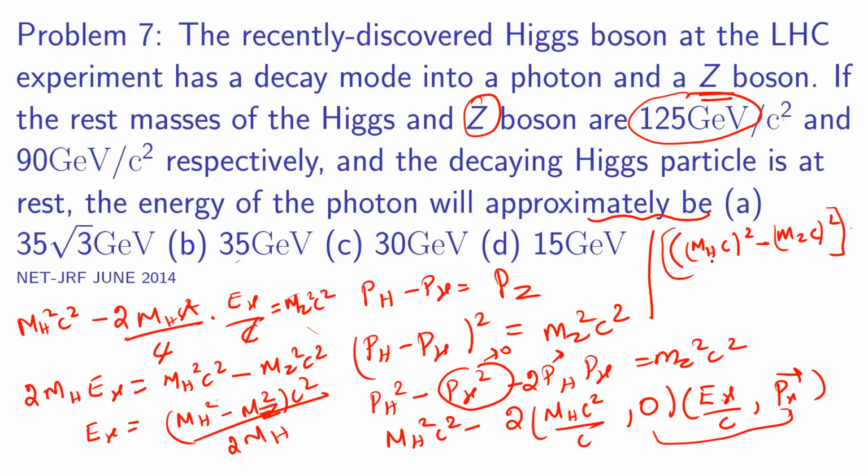You'll have to pull out a c raised to 4 here, right? 1 by c raised to 4. So that 1 by c raised to 4 will come here and it will become 1 by c square. So in the denominator we'll have 2 mh c square. Is that correct? Fine.